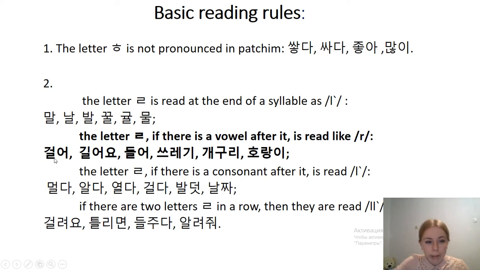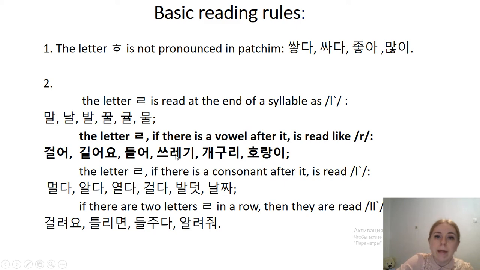We read always R if there is a vowel or diphthong after R. So 걸어, here is the same. 길어, 길어요. Here it's R plus O again, so we read it like 들어, 들어, R plus O, 러, 들어.